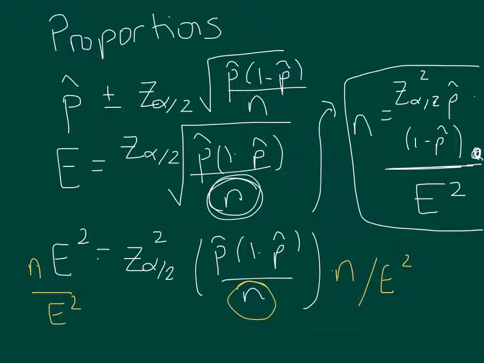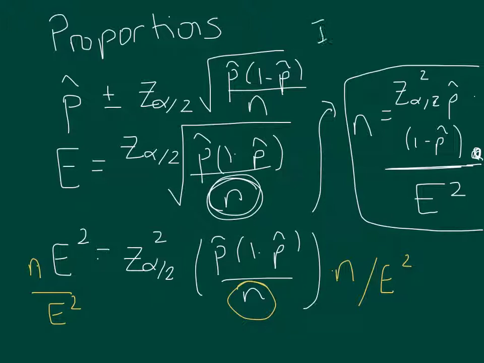Or if there's no information given about p hat, we can always use 0.5, because that's the most conservative estimate. If we have anything smaller or bigger than that, the 1 minus p hat will cancel it out and we'll have a much smaller sample size. So 0.5 is the worst case scenario in terms of the final answer, and that's what we'll use as a conservative estimate.